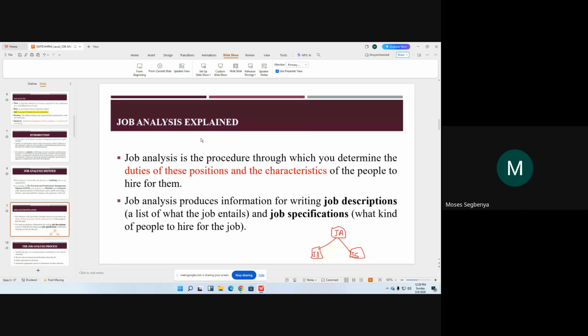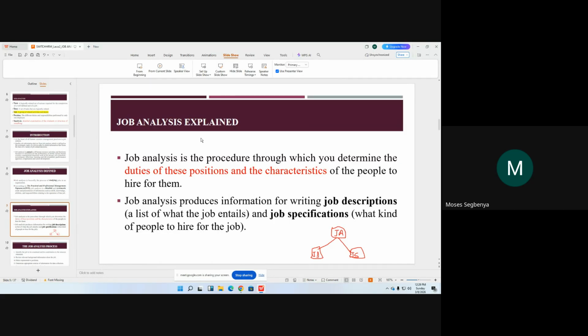The right-hand side is answering the question, what human characteristics do I need to possess before I do the job? So at one breath, you are looking at what exactly somebody who will take the position as a headmaster would be doing on a daily basis. So that answers the duties.